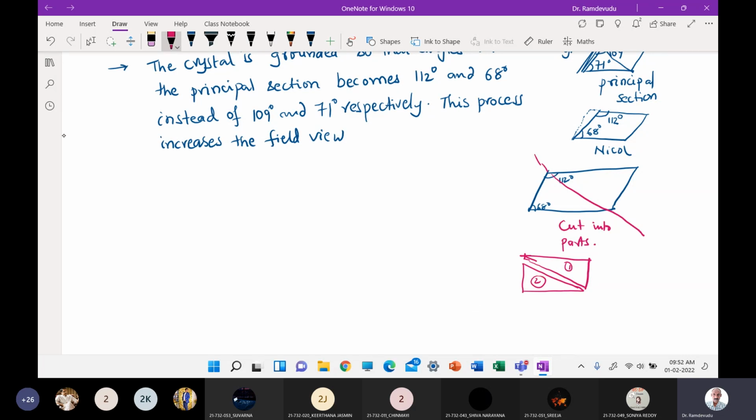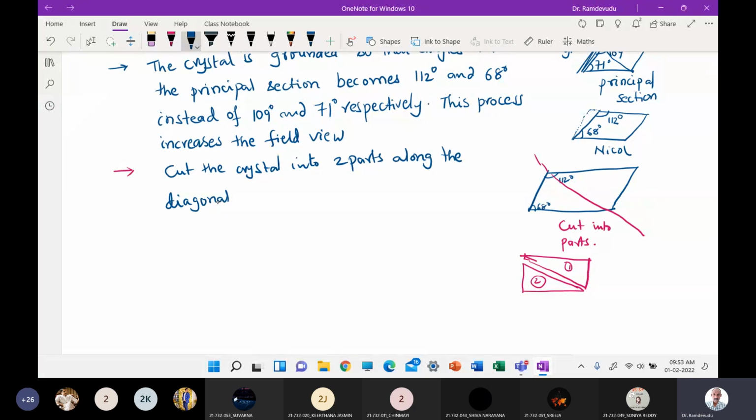So the next step, after grinding, is that we have to cut the crystal into two parts along the diagonal.